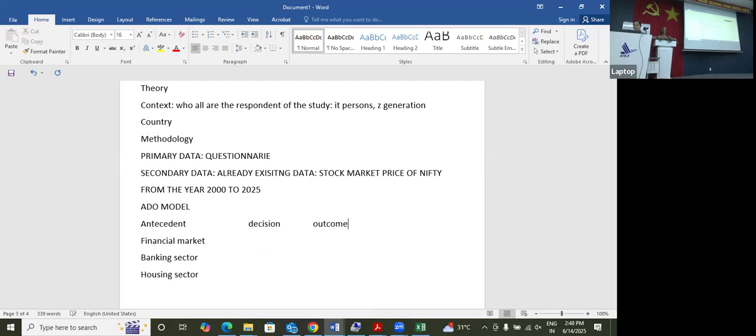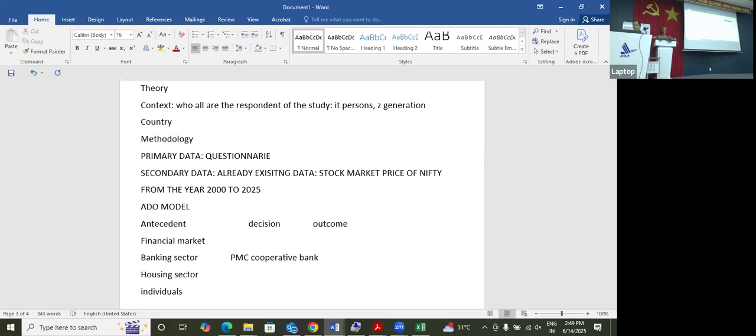So let's see. In the banking sector, if I remember, there is a fraud, that is PMC Bank, a cooperative bank in India, that made a fraud. So you can write it here. And other banks that made a fraud, or individuals, they also made a fraud.